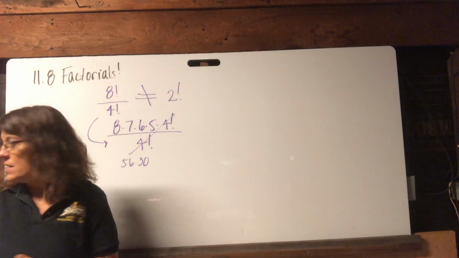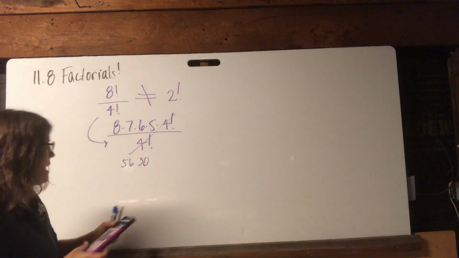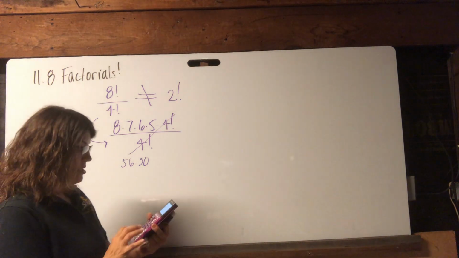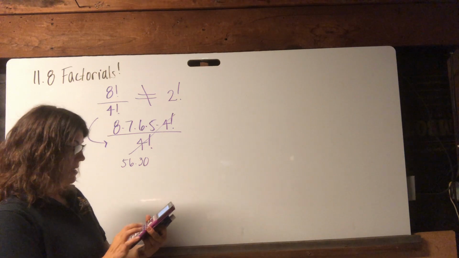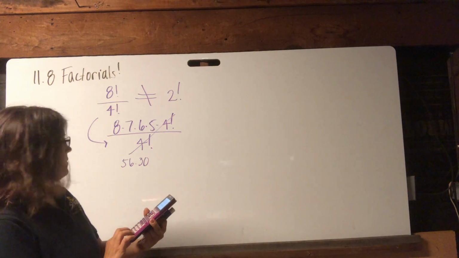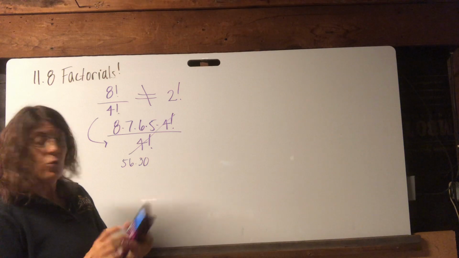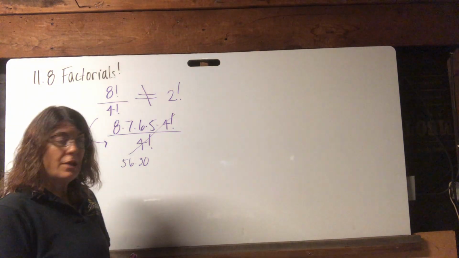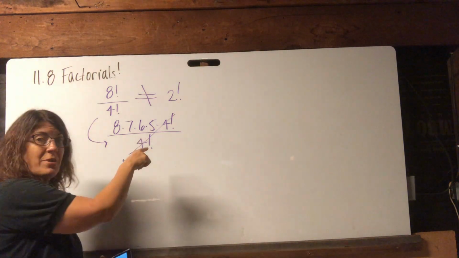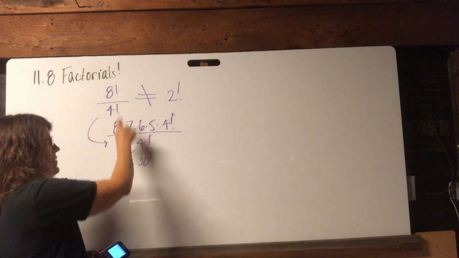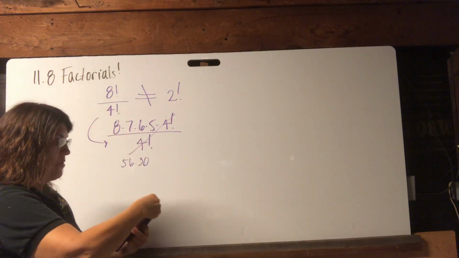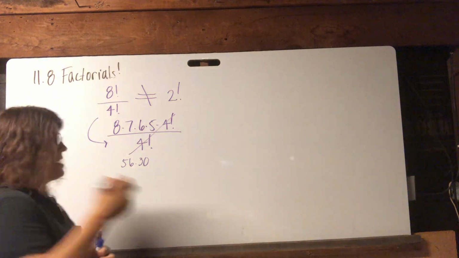You're probably ahead of me. How about clear, 56 times 30? 1,680. Notice that it's not 8 factorial. It's just flat out 8 times 7 times 6 times 5. So that would be 1,680.